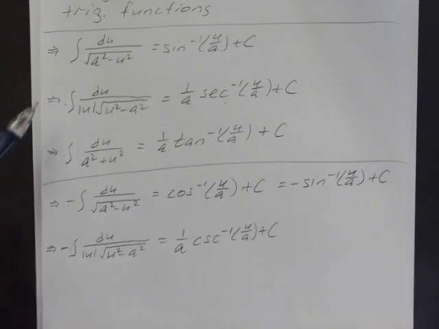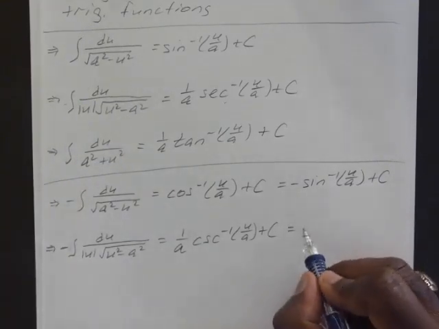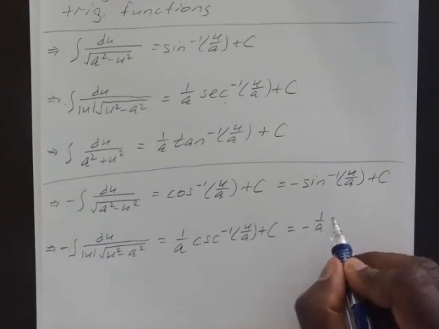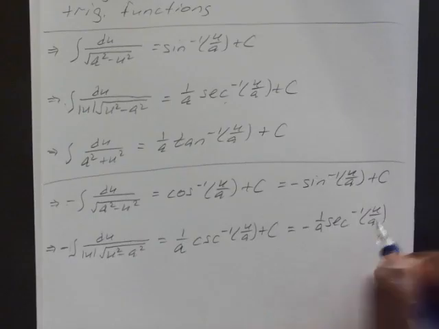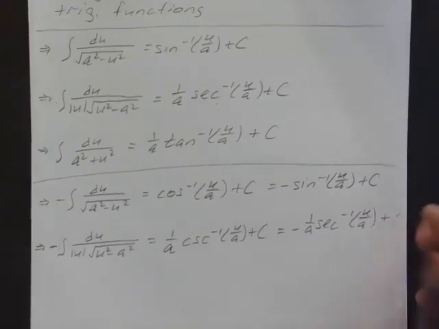Or we could just say negative of the integral that results in the secant inverse. We could just say negative 1 over a secant inverse of u over a plus c.